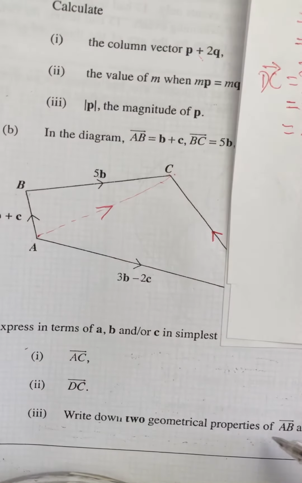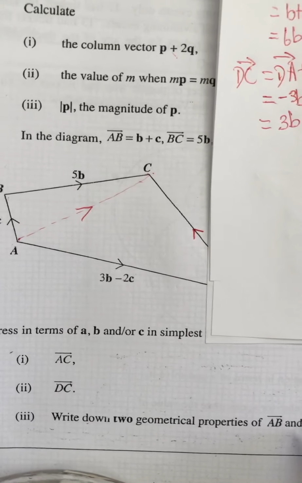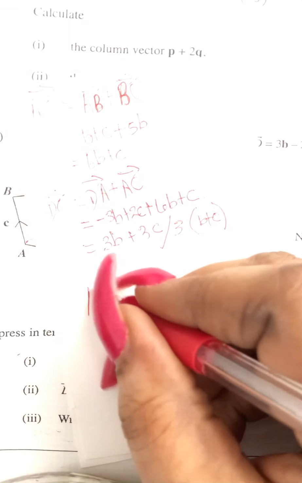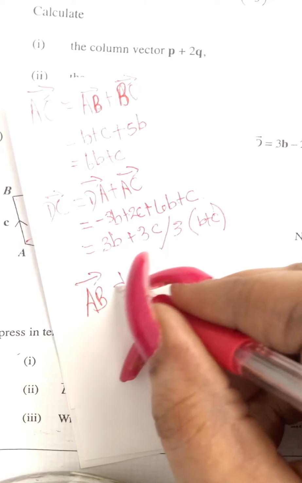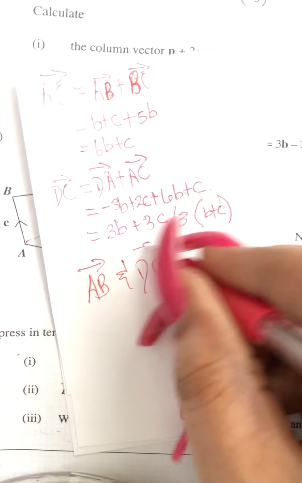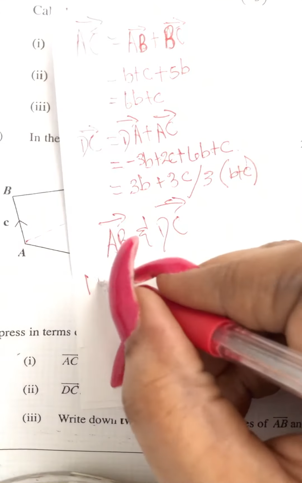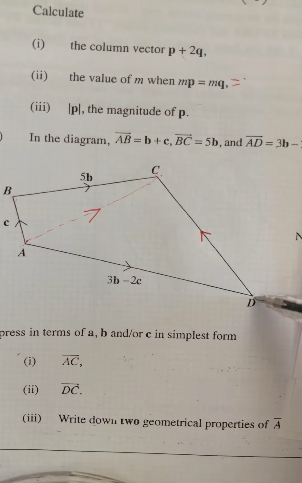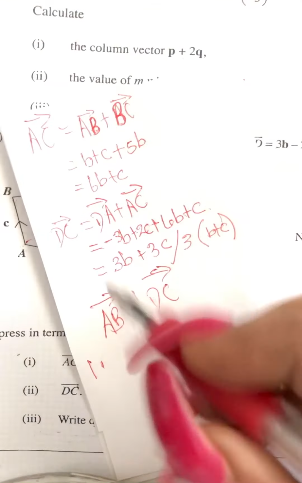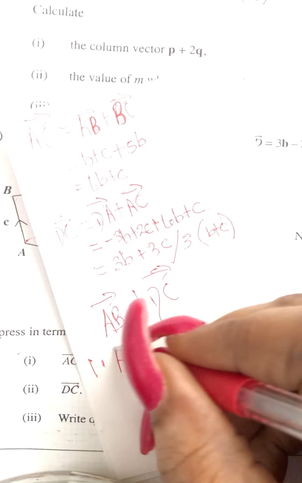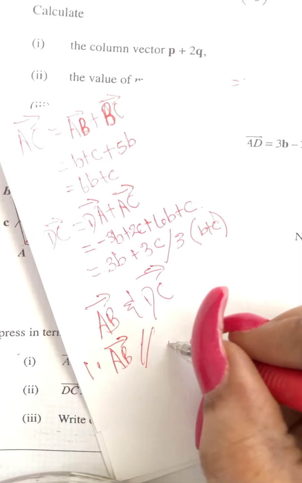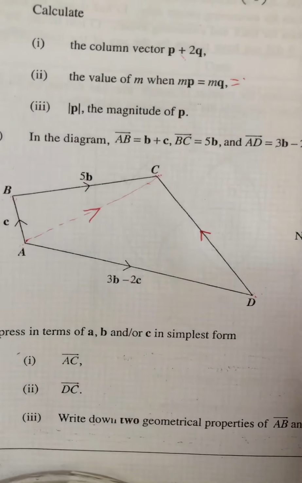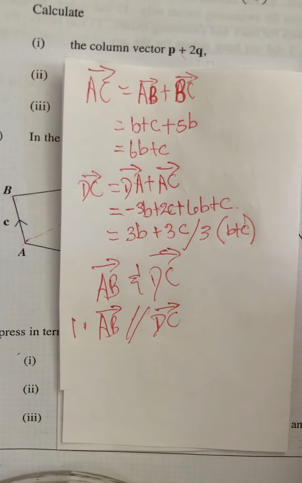We want to write down two geometrical properties of vectors AB and DC. One of them is that vector AB is parallel to vector DC.